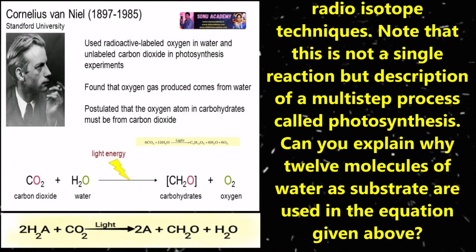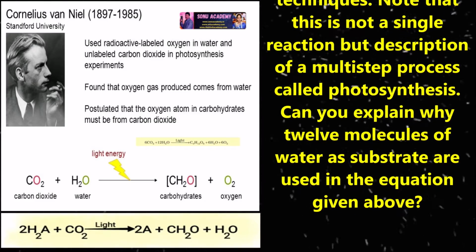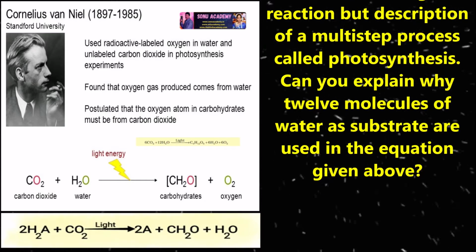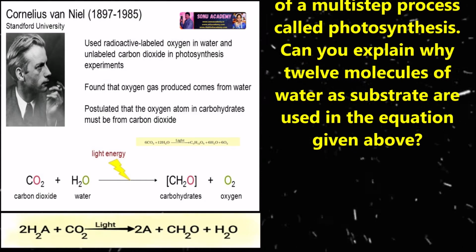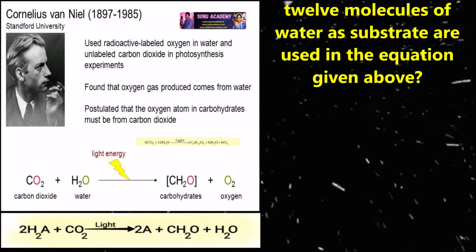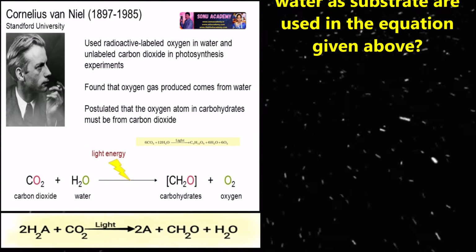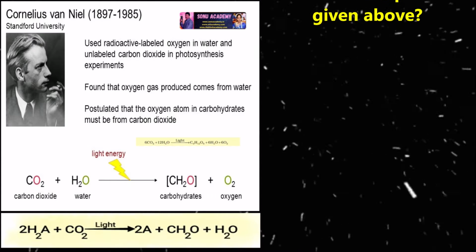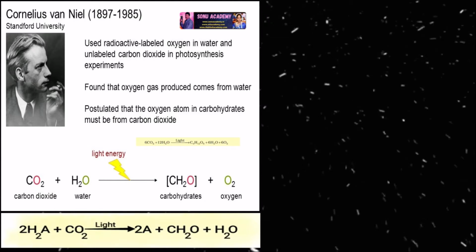This uses radioisotope techniques. Note that this is not a single reaction but a description of a multi-step process called photosynthesis. Can you explain why 12 molecules of water as substrate are used in the equation given above?